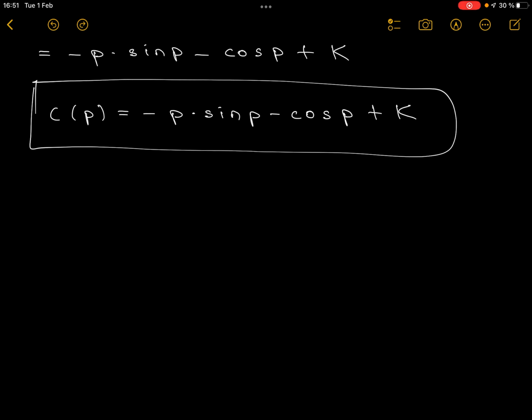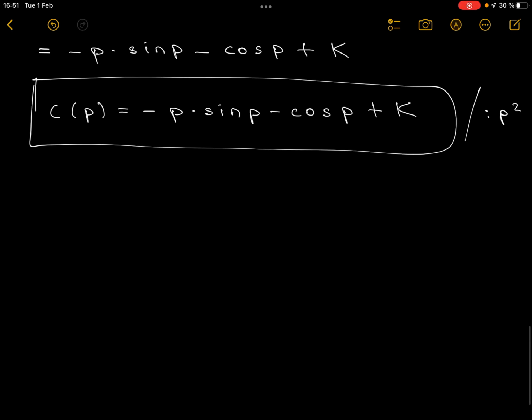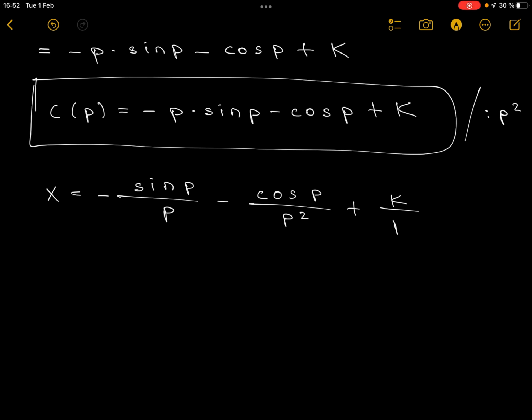So when we divide everything by p squared, we'll get that x is equal to minus sine of p over p minus cosine of p over p squared plus k over p squared.